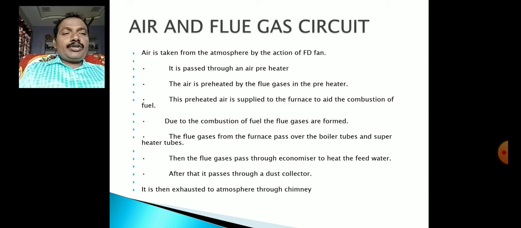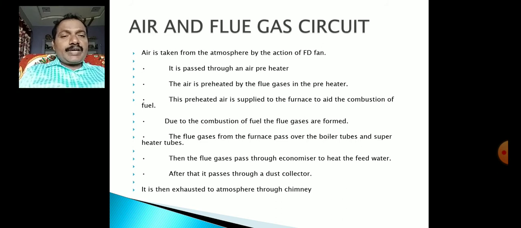The superheater tubes are not part of the boiler, but beside the boiler, superheater tubes are also placed. So here, if you observe, the flue gases will increase the temperature of the boiler, thus heating the water pipes or water drum. So the water is now boiling and steam is produced.